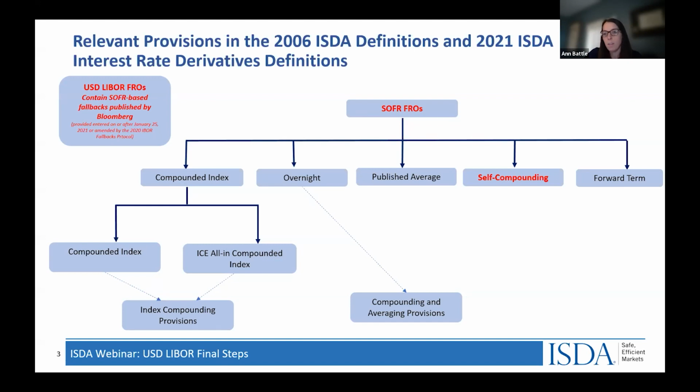But that's really the key difference I wanted to point out on this slide. If you have a non-cleared derivative that will reference fallbacks, your floating rate option does not change. If you're going through the CCP process, pay attention. Each of the CCPs will describe the instruments involved, but ultimately you will have a SOFR-based floating rate option.